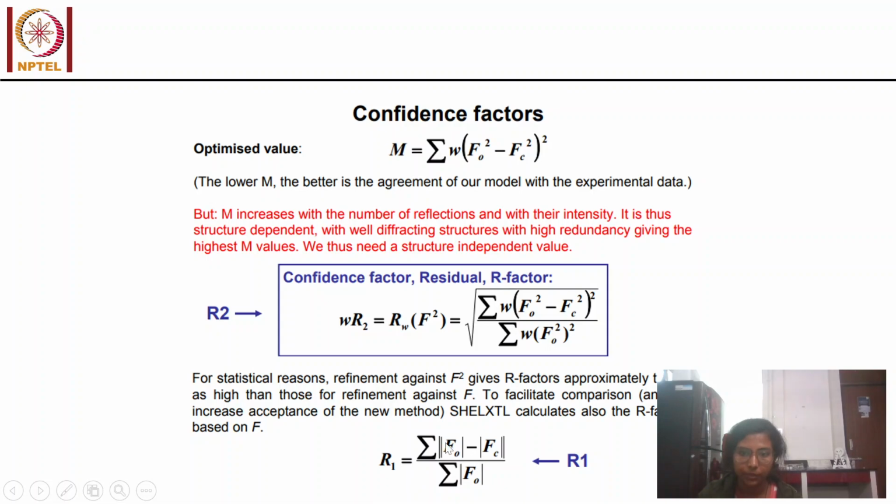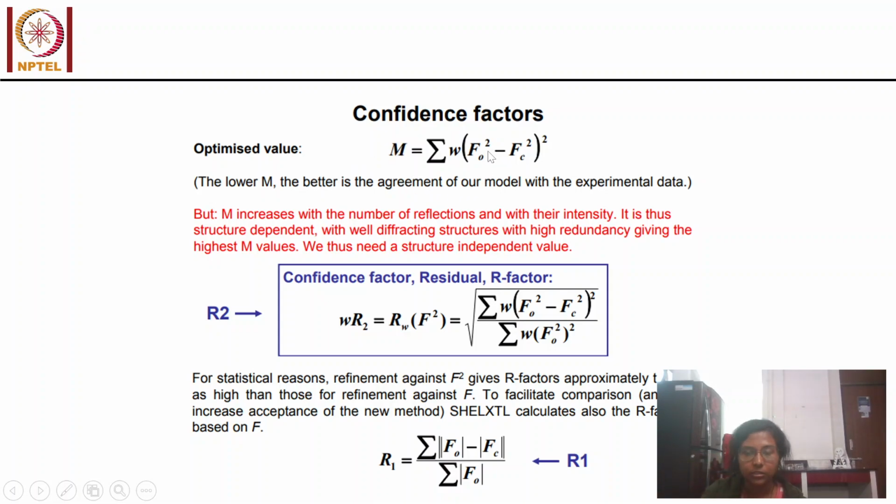This is very simple, right? You can see this WR2 actually came because of statistical reasons. But when we are solving the data, what we do is we take the calculated structure factors, take the difference of them, and we keep on optimizing it, right, every time.